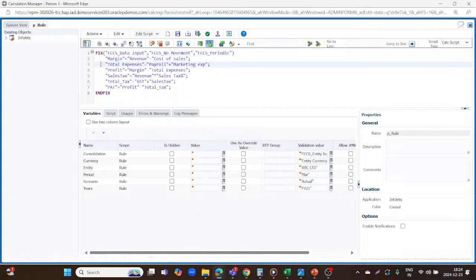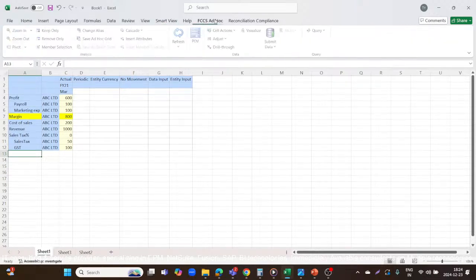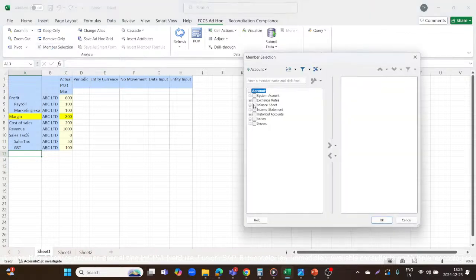Second is total expenses, which is the sum total of your payroll and marketing. Your payroll was 100 and marketing is 100, so total expenses should be 200. We haven't got that account, so from member selection you can pull that account.